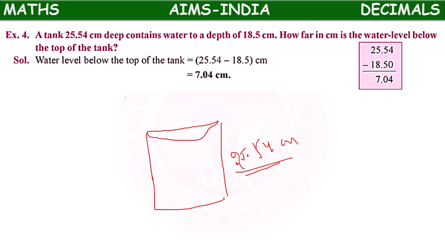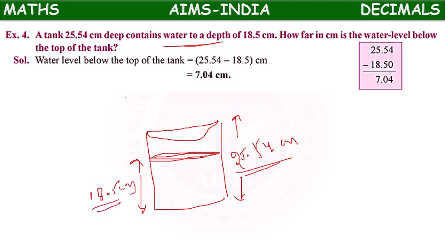It contains water up to this depth. This is the total depth of the water tank, but it contains water only up to this depth, which is equal to 18.5 centimeter.